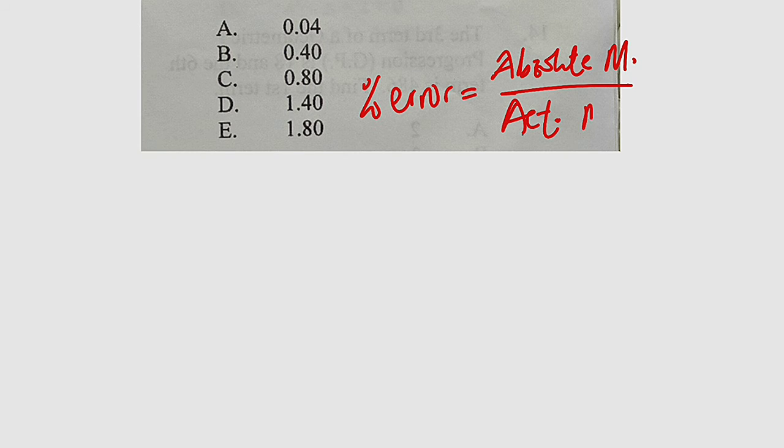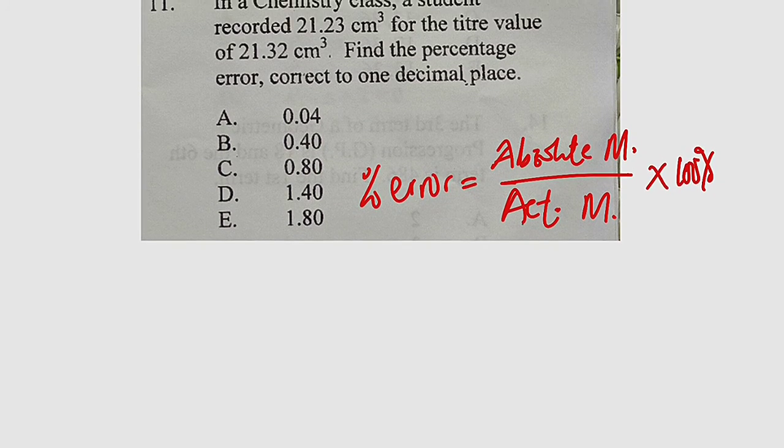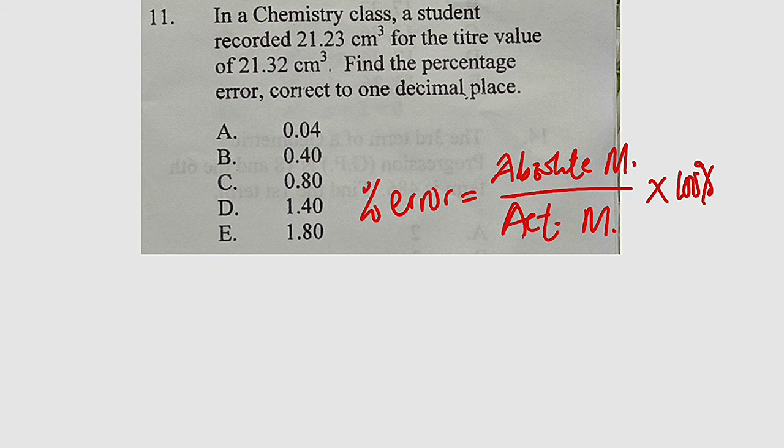Percentage error is equal to the absolute measurement divided by the actual measurement, then times 100%. Absolute measurement is just the difference between the two measures.